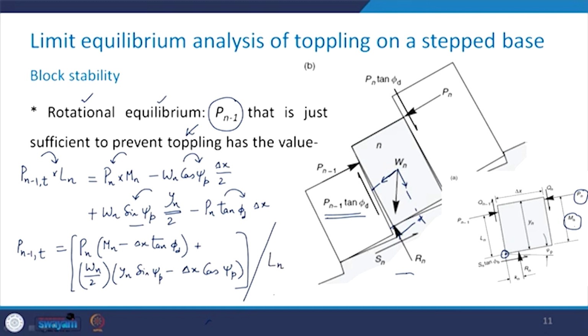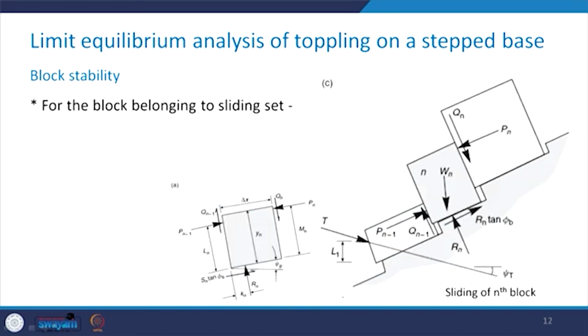Make this equation number 23. Take a note of these equation numbers because we will be referring to them later when I summarize the steps for the analysis of the toppling failure.